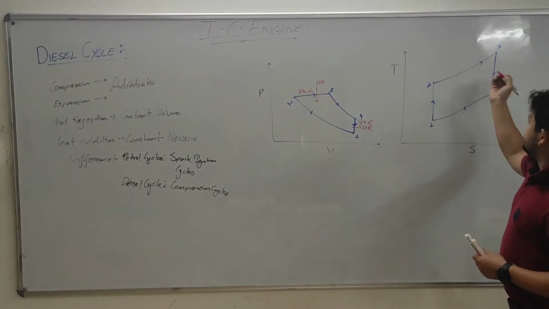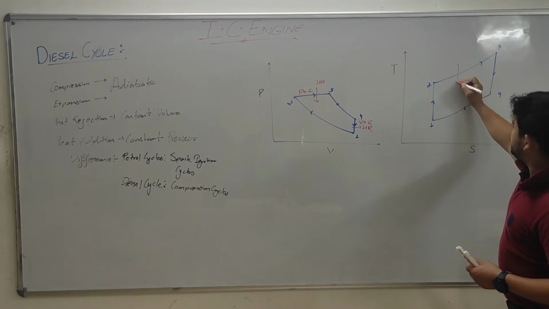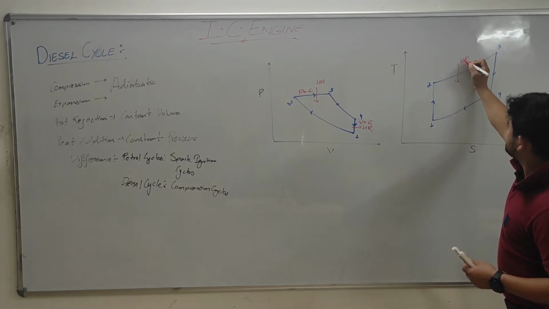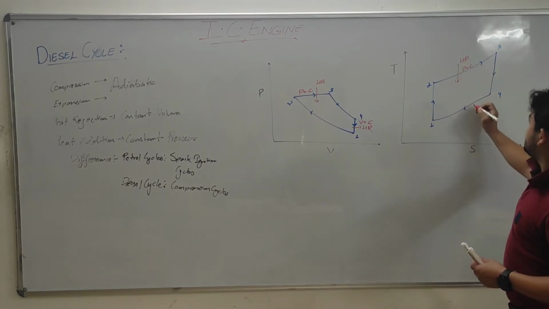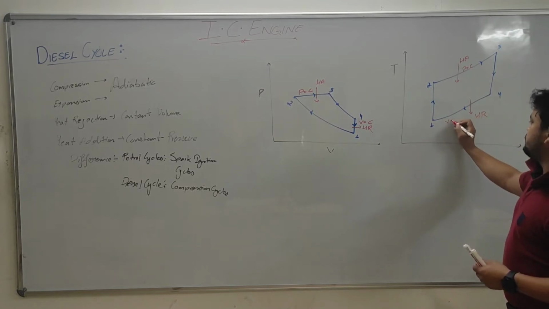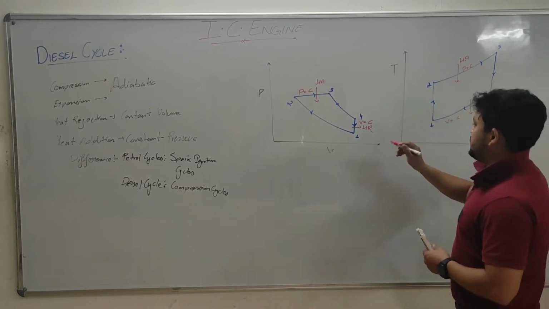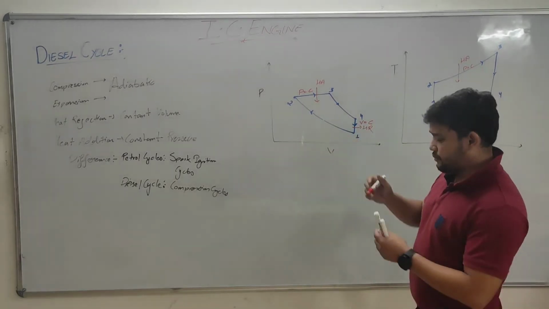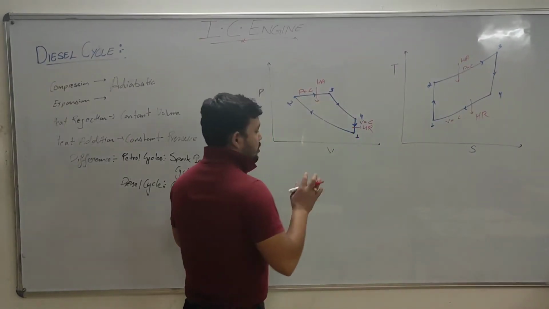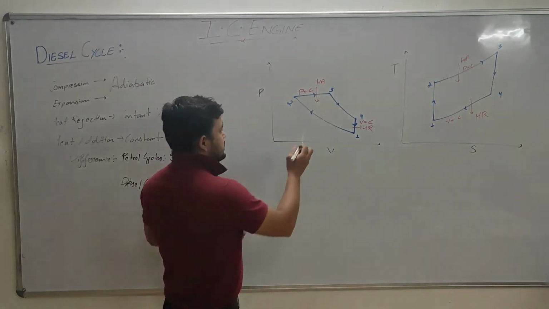So 2 to 3, heat addition will take place. Here the pressure is constant, and heat rejection takes place where the volume is constant. During the adiabatic process, you have to give some amount of work input to the cycle.